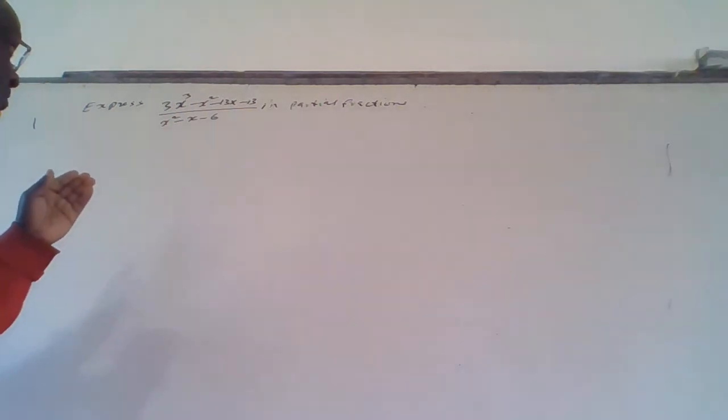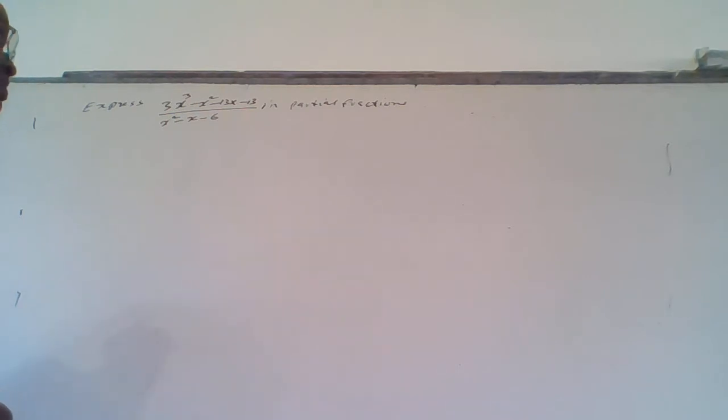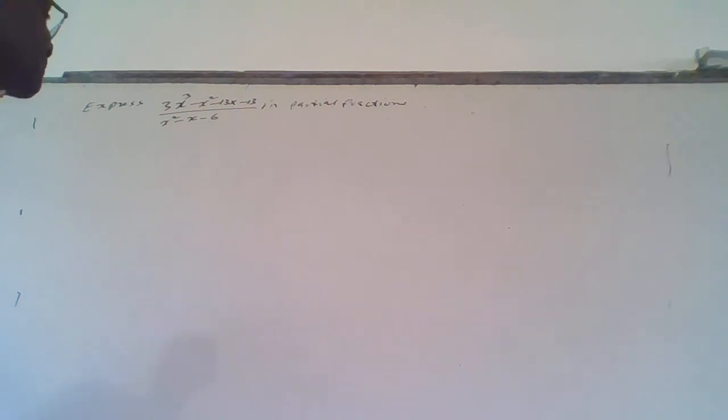In the given expression, the degree of the numerator is greater than the degree of the denominator. Therefore, we need to reduce the degree of the numerator so that it's less than the degree of the denominator. How do we go about that? We divide through.